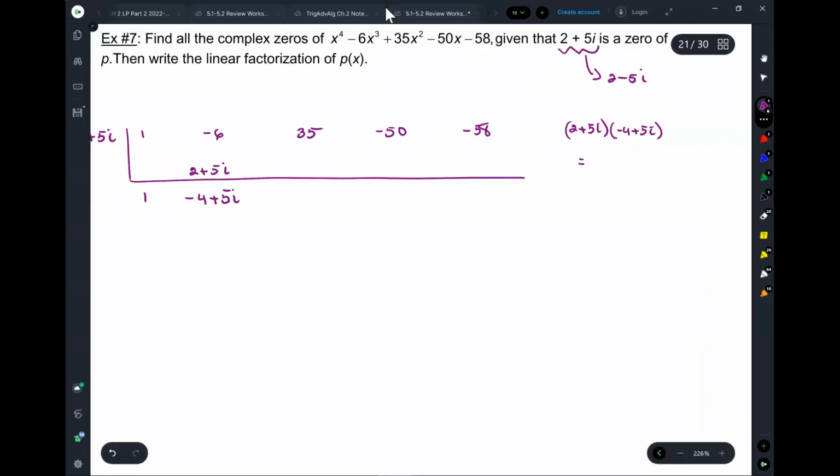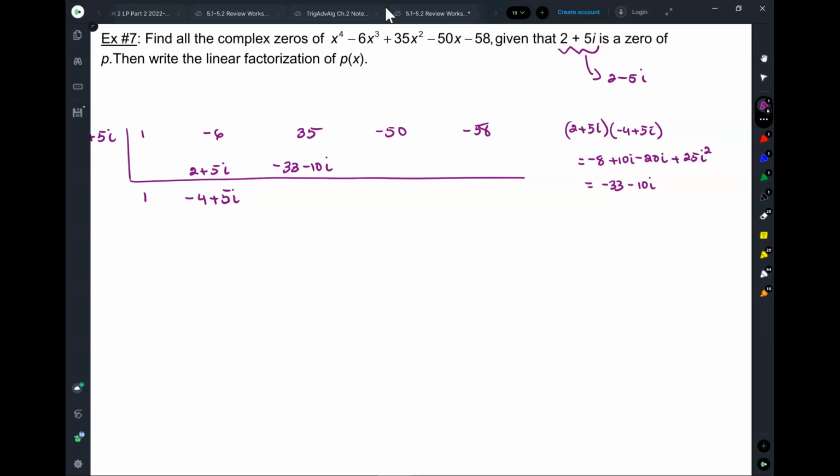So what does that give you? Negative 8 plus 10i minus 20i plus 25i squared, right? So it's a little bit of calculation. So this is negative 8 minus 25, negative 33. Do you guys see how I did that? So here we get negative 33 minus 10i.